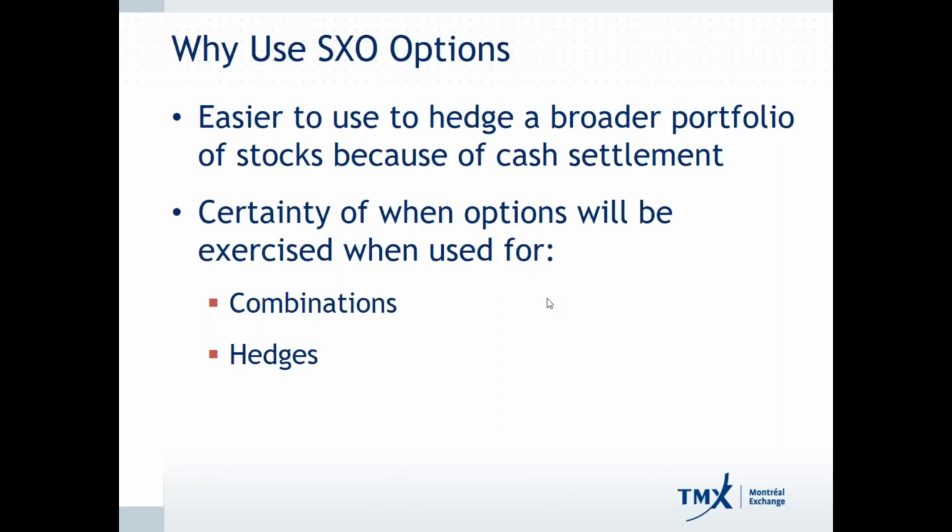So doing combinations such as credit spreads, debit spreads, or collars, or building in a hedging strategy such as a protective put, we've got more certainty in terms of what the outcome is going to be. As I mentioned, either cash settled, so we get the dollar value, or they're going to expire worthless.